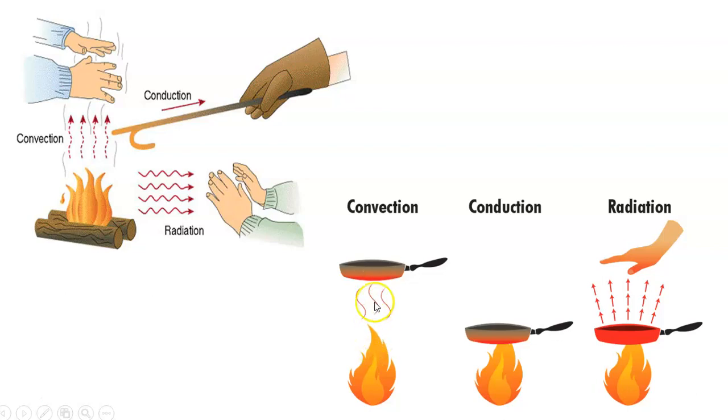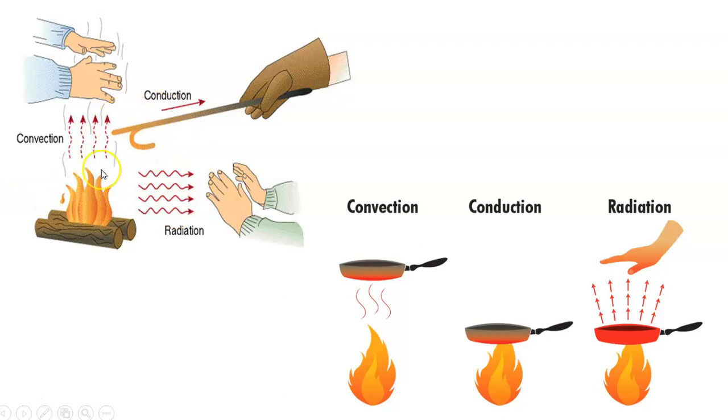In this case, the fluid is air. So this is convection. And over here, see, suppose this is my hand and I am feeling the heat which the pan is giving out, or the pan is radiating. So this particular mode of transfer of heat is known as radiation.